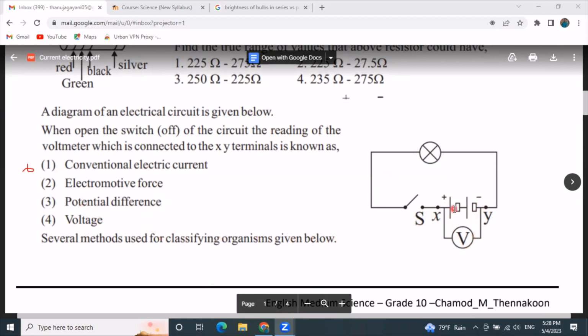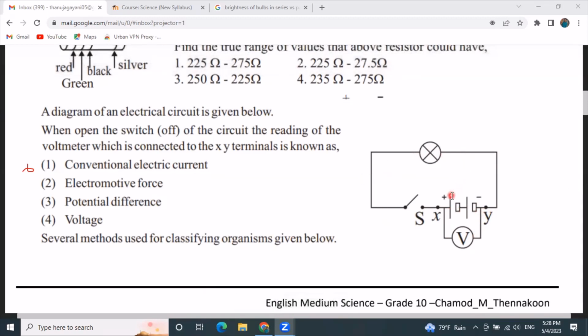Potential difference means the potential between the two terminals of an electric cell. Okay, so here the voltmeter is connected between the two terminals of the cell. So the third answer is correct.